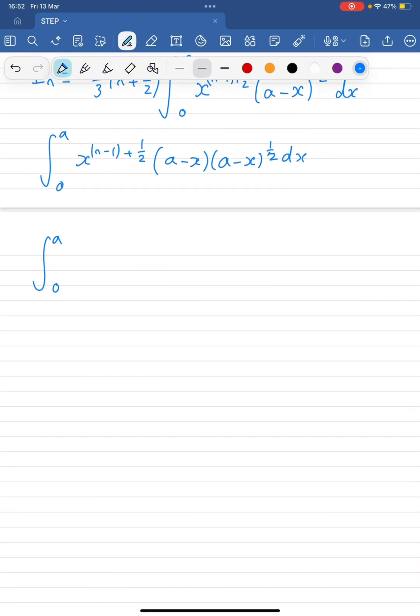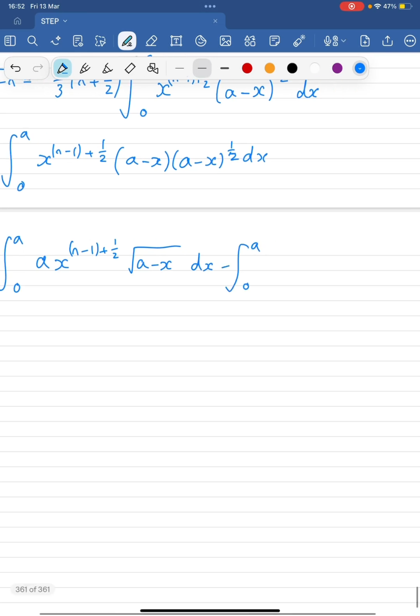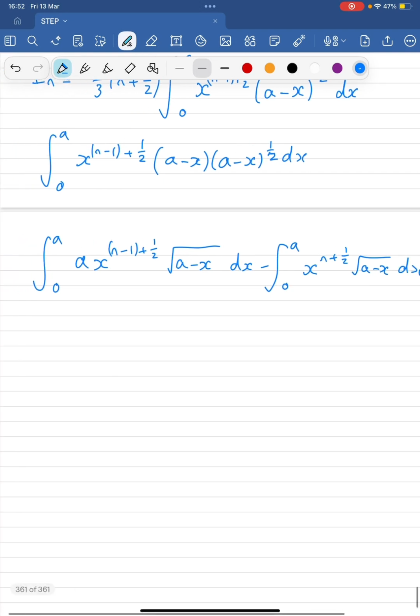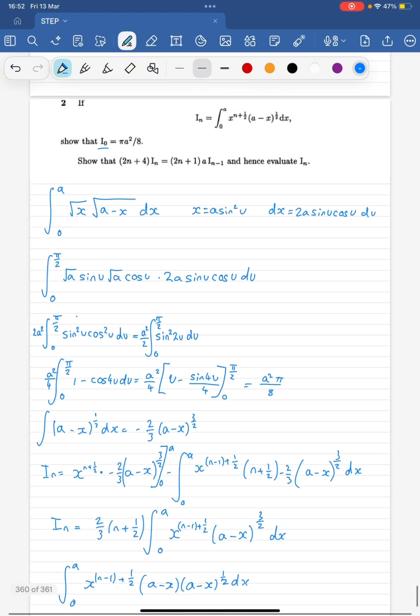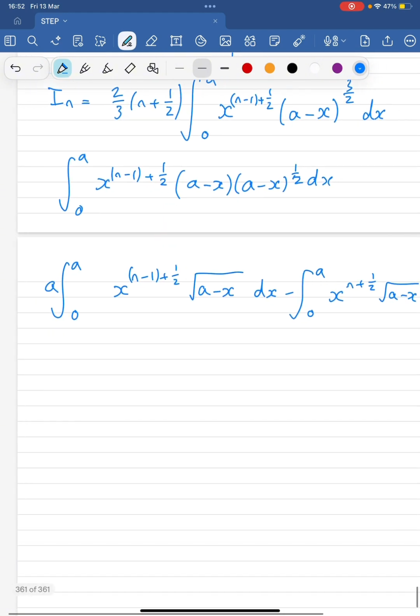So, x to the n minus 1 plus a half times root a minus x. Oh yeah, this is looking good. And then dx plus or minus x to the n plus a half root a minus x, and of course this I can just bring to the front, and that is I n minus 1. So, let's think about this.